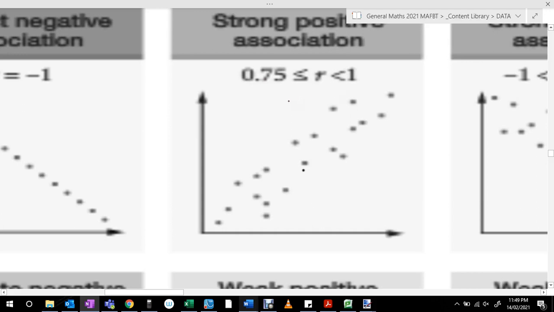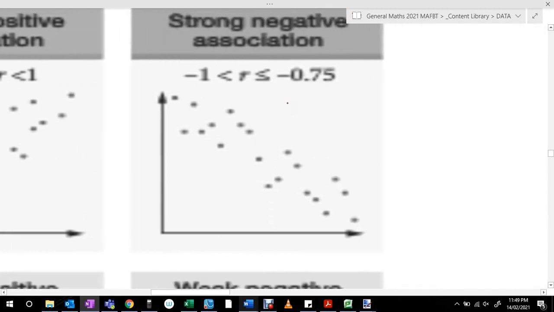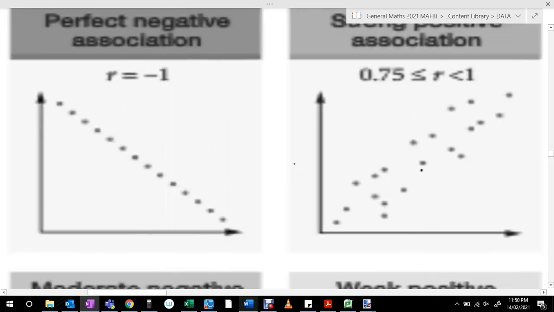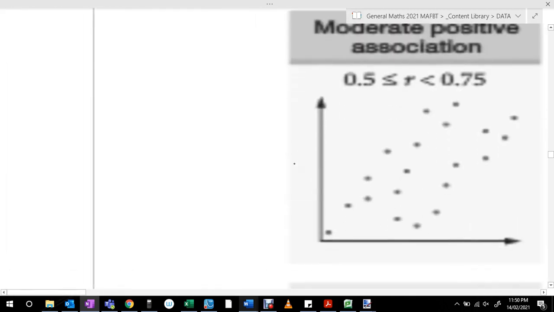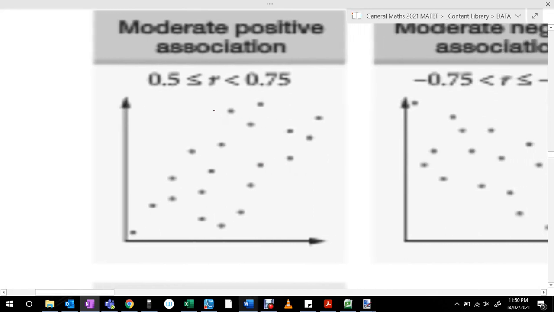Obviously the lower the decimal number goes, the more spread out they will be. Here, similar thing, it's a negative association, and it's between -1 and -0.75 for the R value. Okay, and it's going down, and like I said before, as the dots get more and more spread apart, the R values start to get smaller.